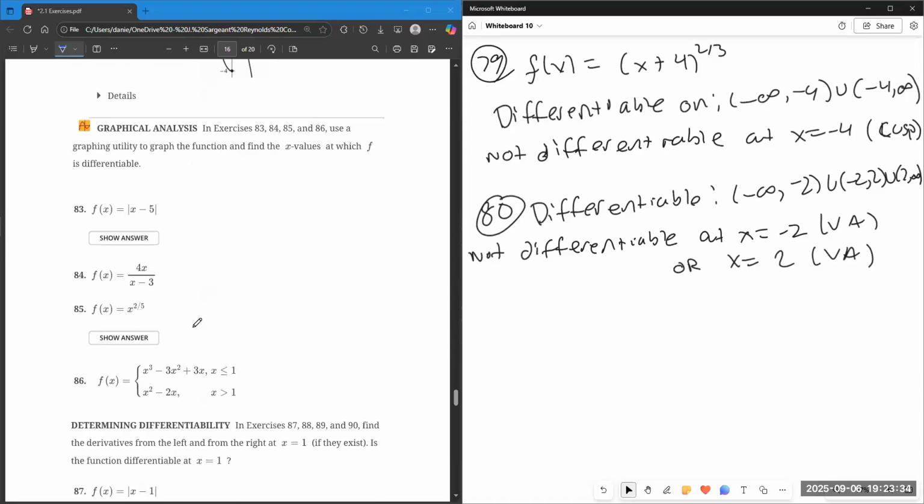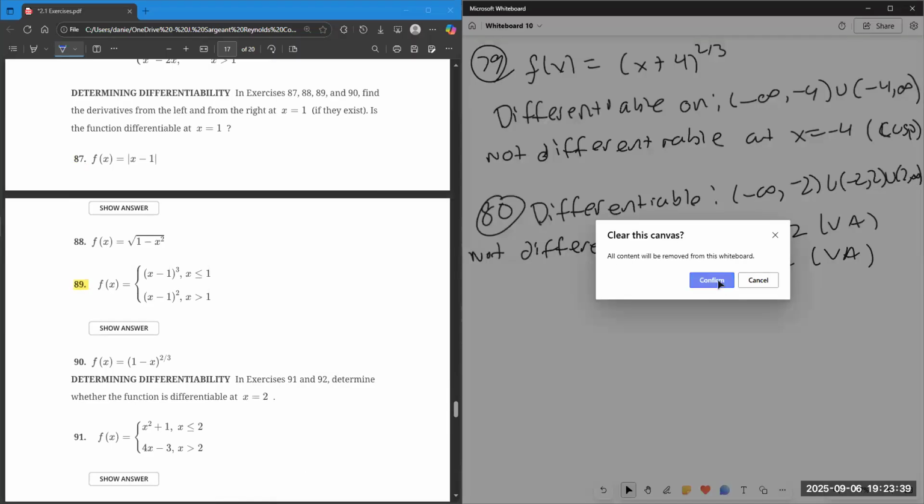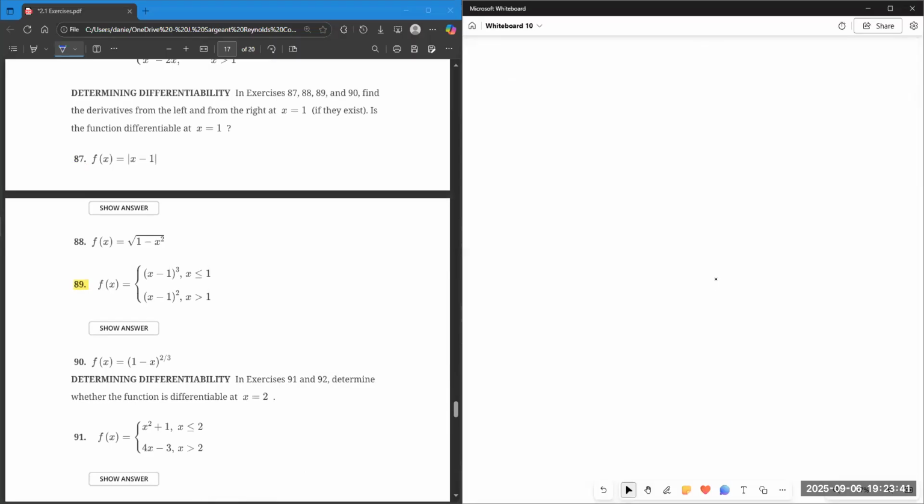Finish up here with 89. Find the derivatives from the left and right of x equals 1 if they exist. And then is the function differentiable? So if f of x is equal to piecewise defined x minus 1 cubed, x less than or equal to 1, x minus 1 squared, x greater than 1. I have a function to try here.